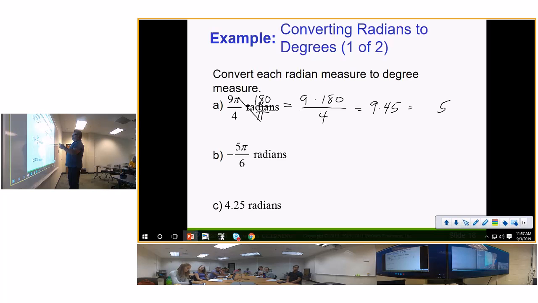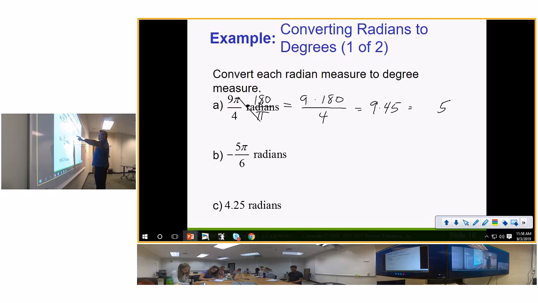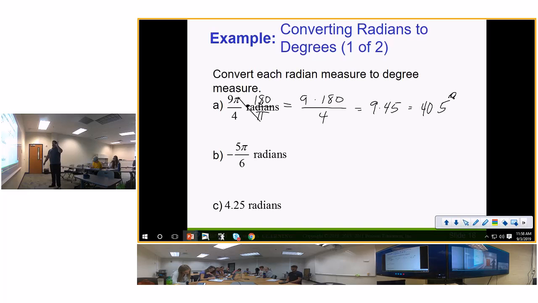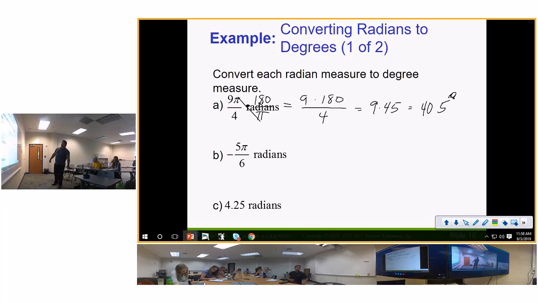Bring the 4. 9 times 4 is 36. What's 9 times 45? 405. Usually they're under 360 degrees. I'm thinking of the unit circle. So if you change 9 pi over 4 to degrees, it'd be 405 degrees.